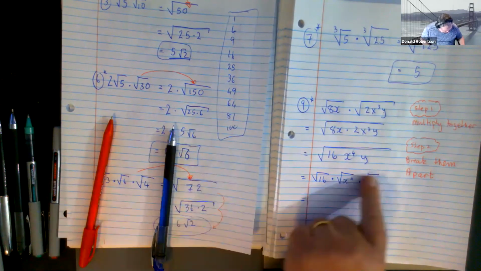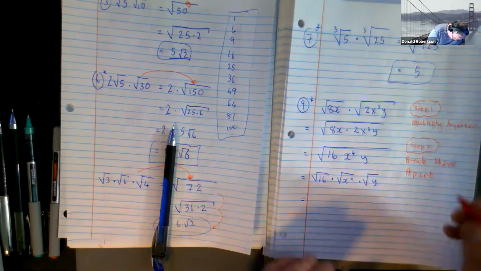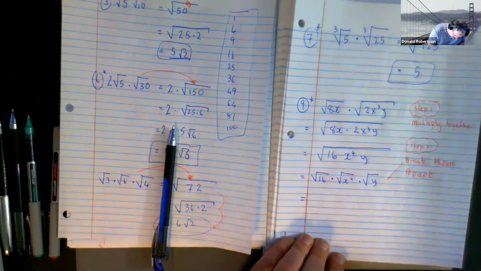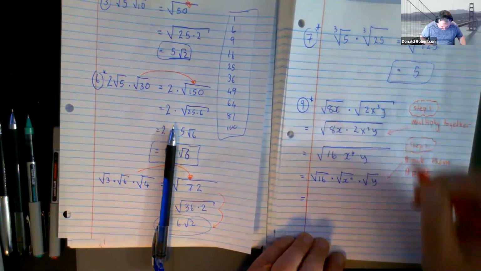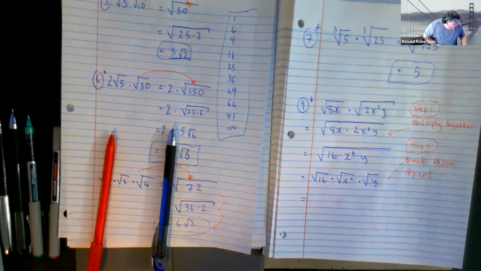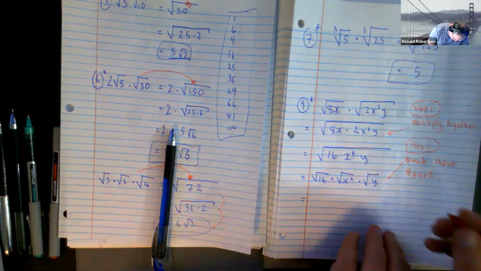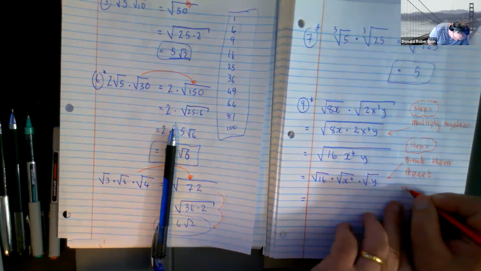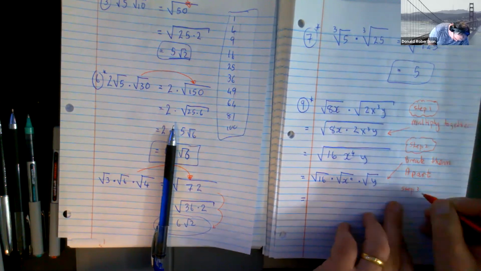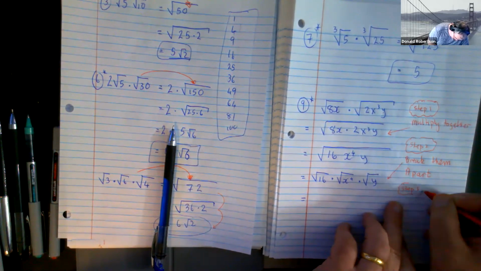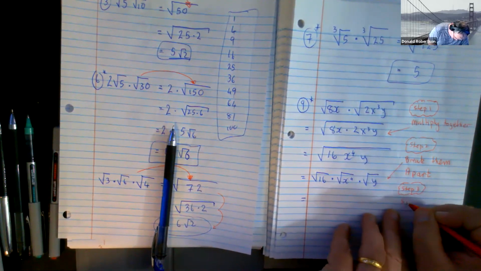So you break them apart. That's essentially what that is. Multiply them together. That's what that is. And then the final, well, almost the final step. Step 3, I'll just call it simplify, in which case it is the last step.